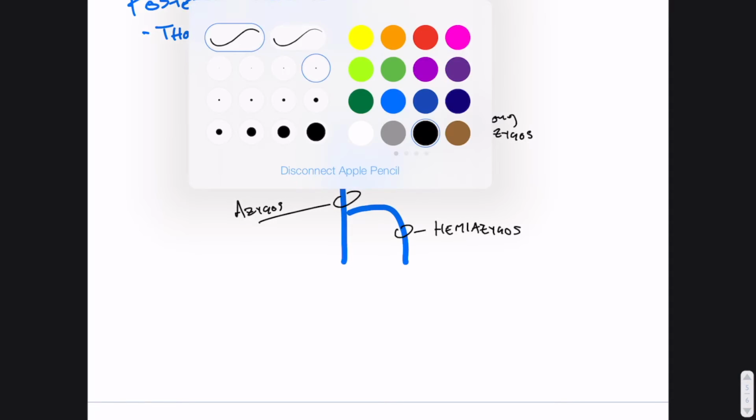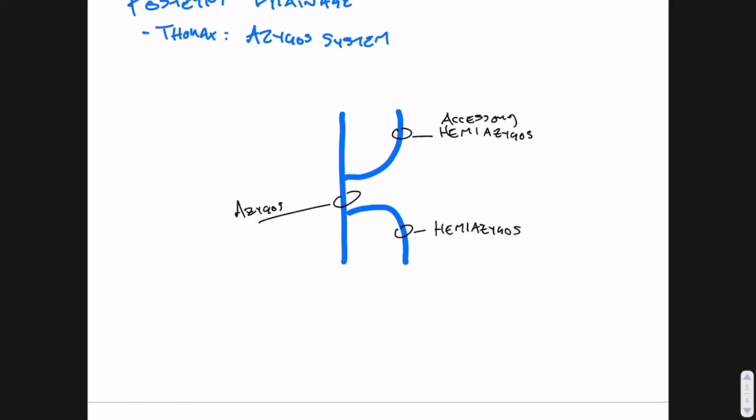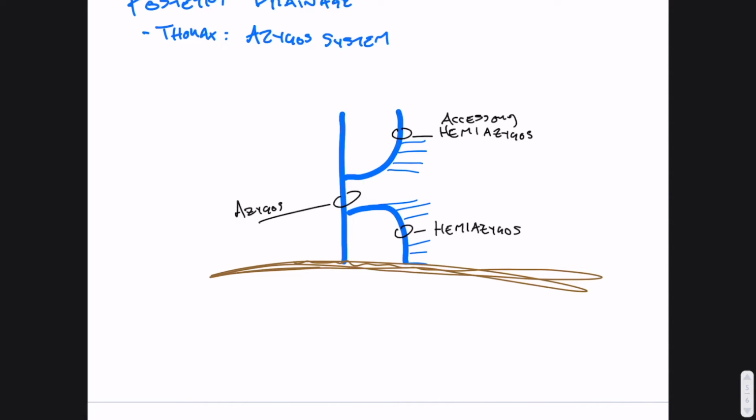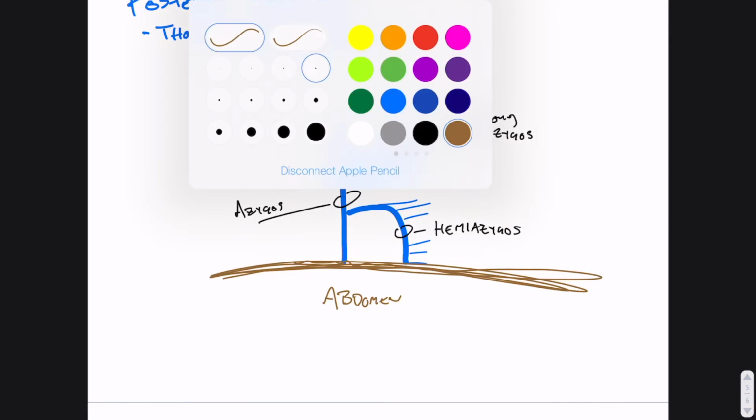Coming into each of these veins, we're going to have these little veins here. And these are veins that are sitting in the intercostal spaces. I'm going to draw a line right here because this line is representing the diaphragm. So we're in the thorax. That line down here is the abdomen. We're not worried about that yet.